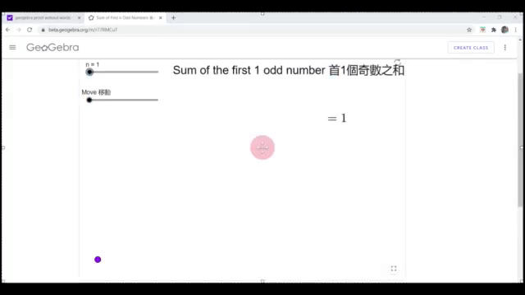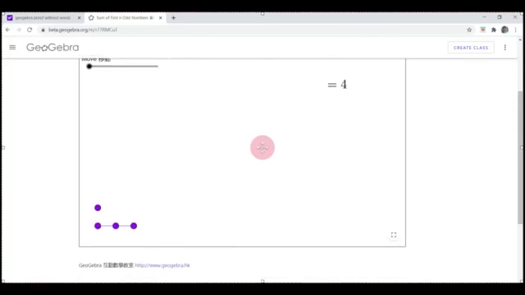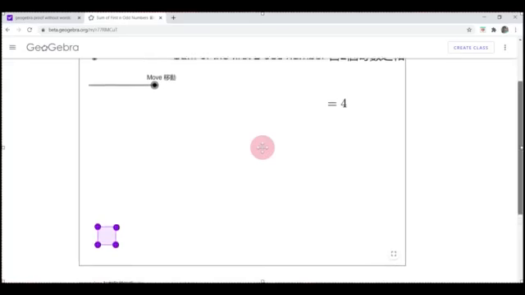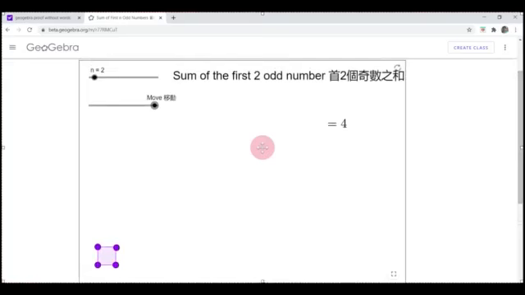Let us prove the sum of odd numbers. So the sum of the first one odd number is 1. If n is equal to 2, then this is 4. Then if n is equal to 3, then this is 9.